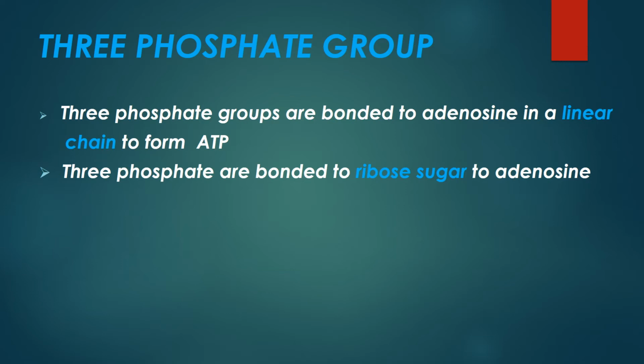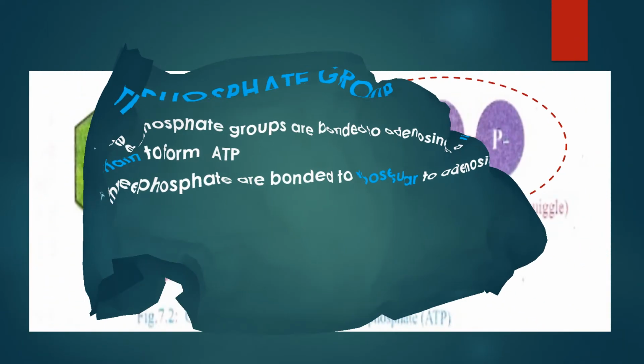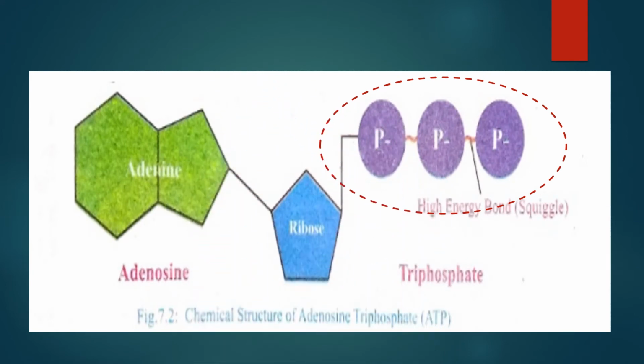These 3 phosphates are attached to the ribose side, not to the adenine side, of adenosine. Okay, this all is adenosine, so the phosphates are bonded to ribose.